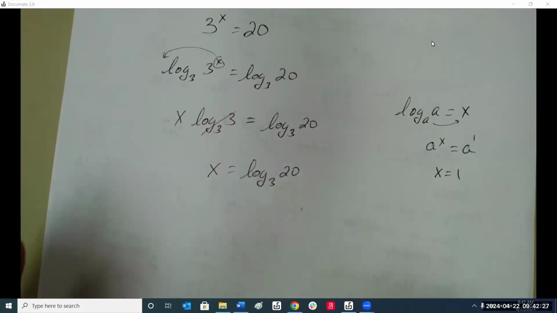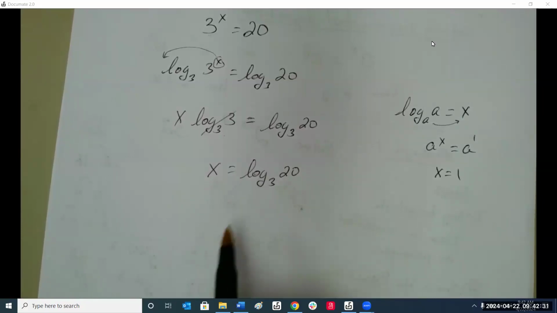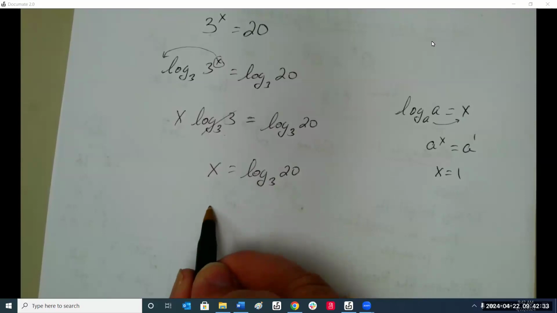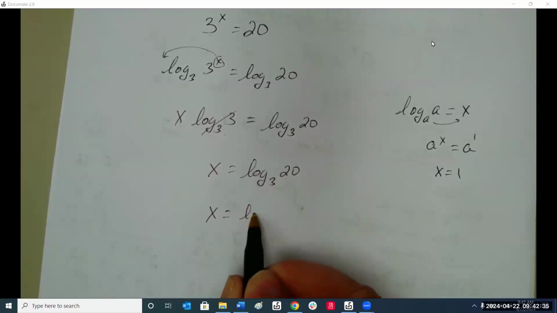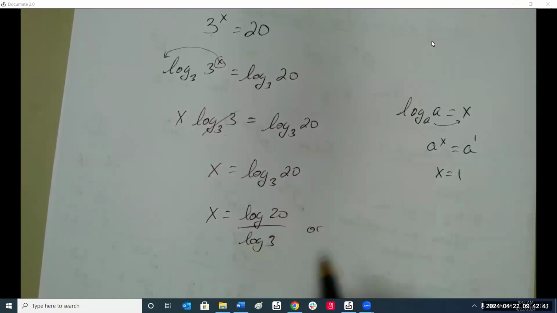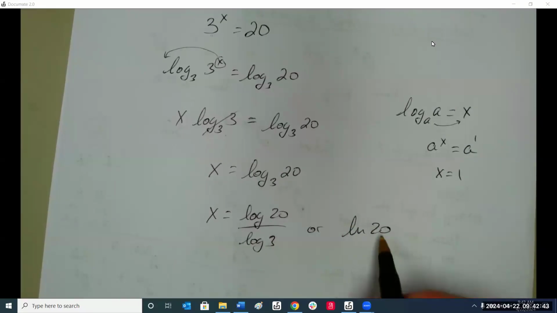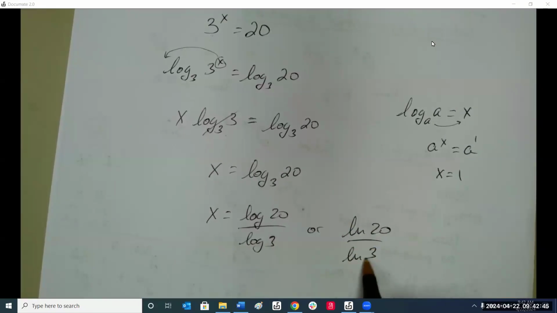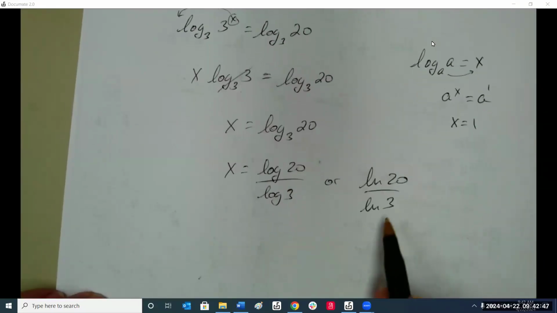If the computer won't take that as an answer, how would you get the answer for that? So you could do log 20 over log 3, or you can do ln of 20 over ln of 3. What's that called?